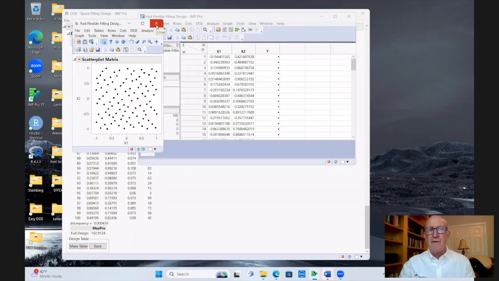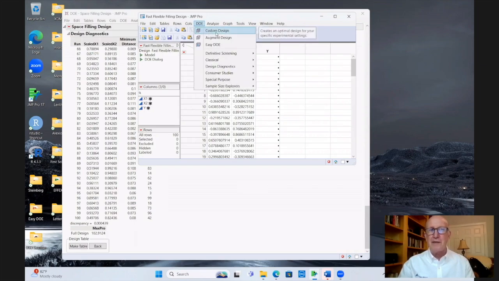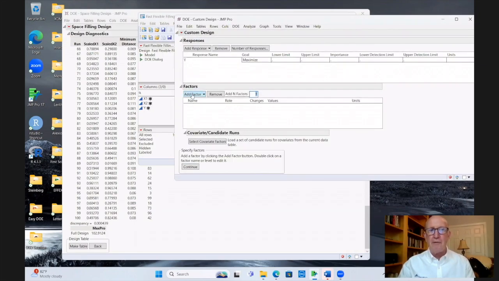But from the standpoint of optimality, that 100 runs is not going to be a very good design in terms of D optimality or A optimality or any other kind of variance optimality. So what I'm proposing is this.